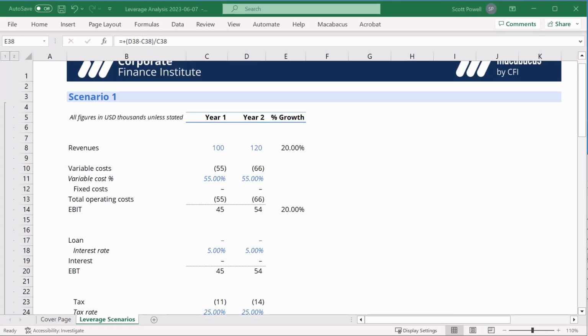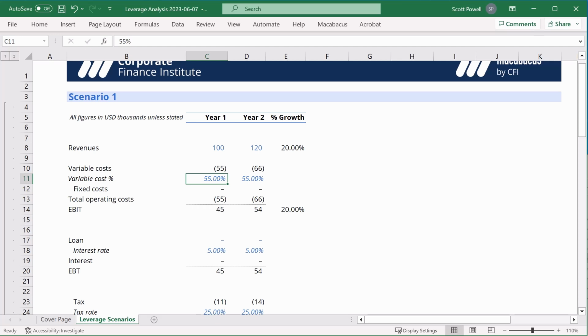Okay, let's work through an example together so you can see what we mean by operating leverage, and we'll then move on to financial leverage. When we see this scenario, and I'm going to ask you to open the workbook, I look at year 1 and year 2, and in the basic scenario, all costs are variable. So our variable costs are 55% of our revenues.